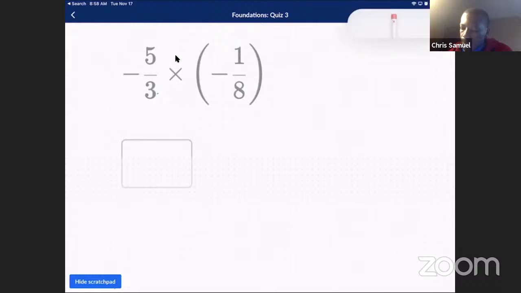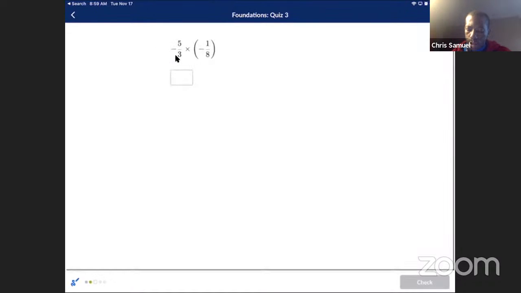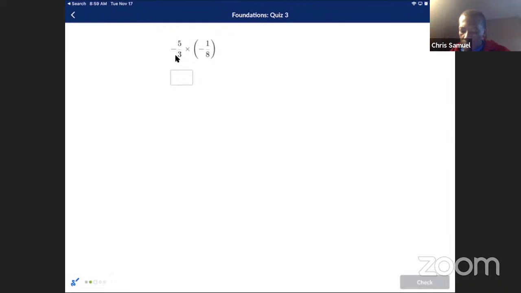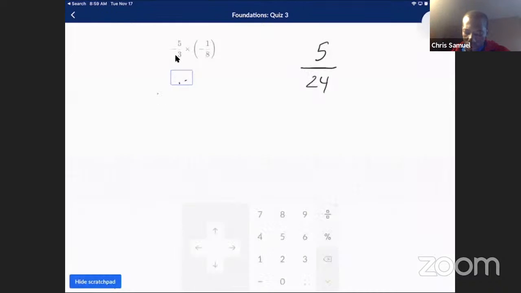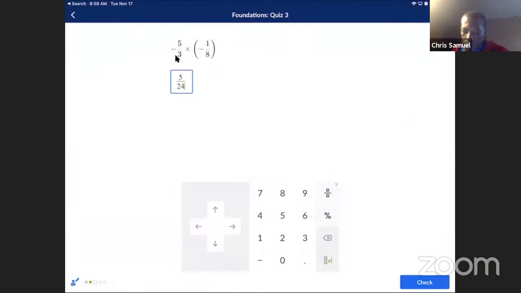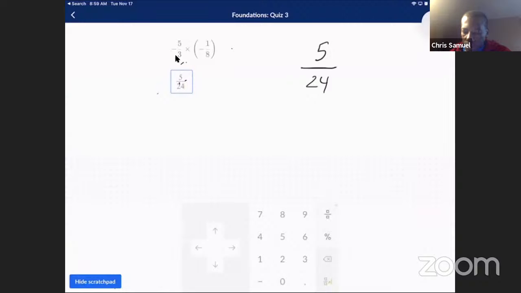So it'll be 5 over 3 times 8, which is 24. We don't have to flip it because we're not dividing. Negative times negative would be a positive. That's great. 5/24 is pretty good. Doesn't look like we do anything else. So it'll just be 5/24. Just want to check that that's what I'm doing. Negative times negative is positive. Yeah.